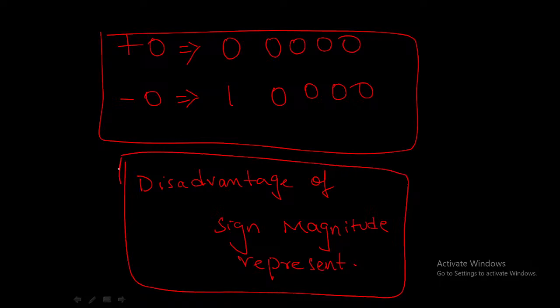You can represent 0 in two forms, but it is not valid. So this is the disadvantage of sign magnitude representation. I hope this is clear. Now, to overcome this, we are going to discuss ones complement representation.